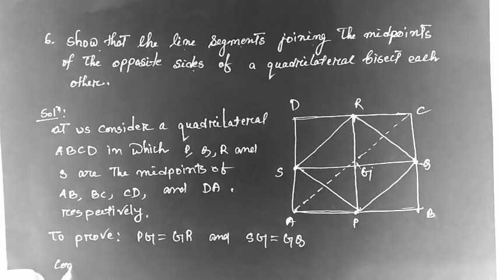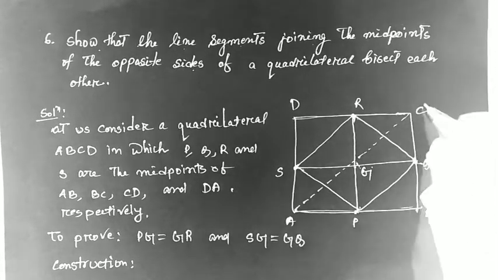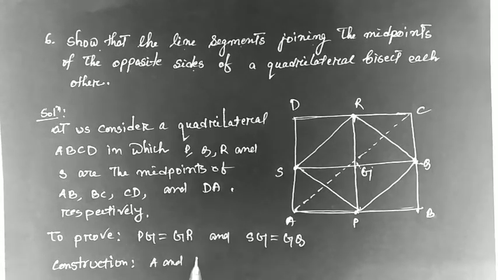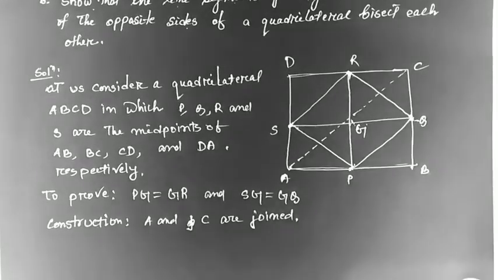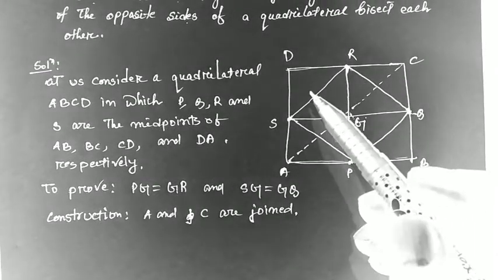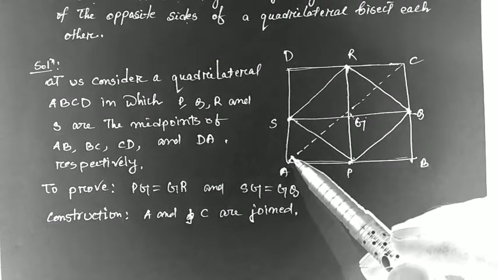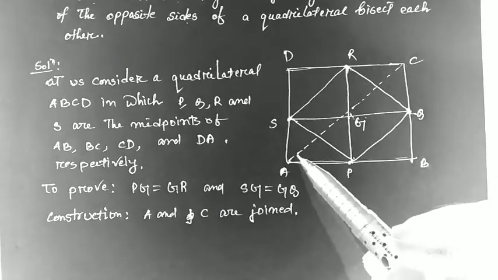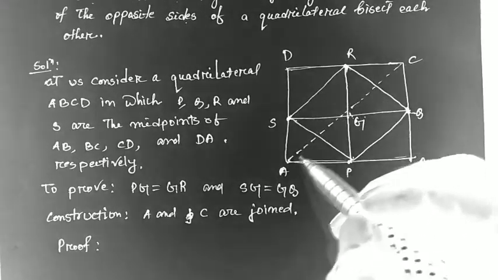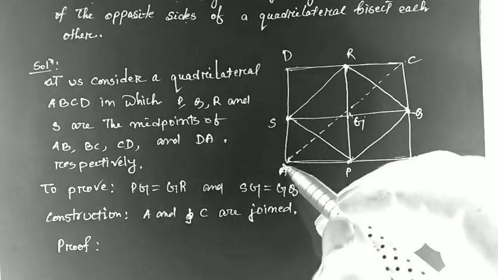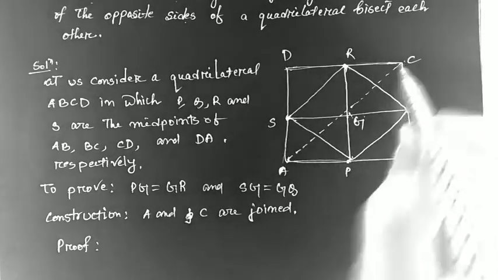So in construction, we have joined AC. A and C are joined. Now see, in triangle ADC, proof: S is the midpoint of side AD and R is the midpoint of side DC.